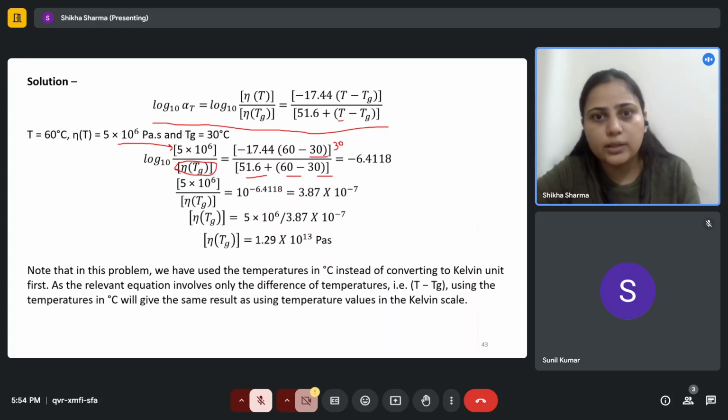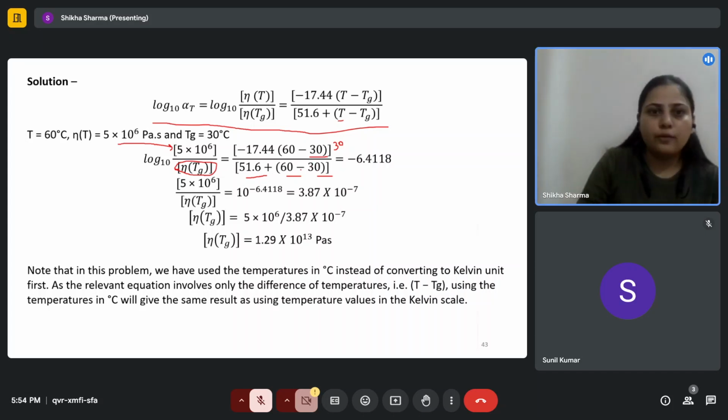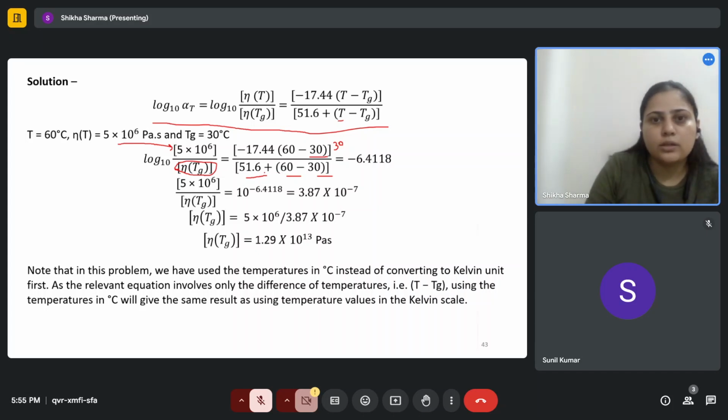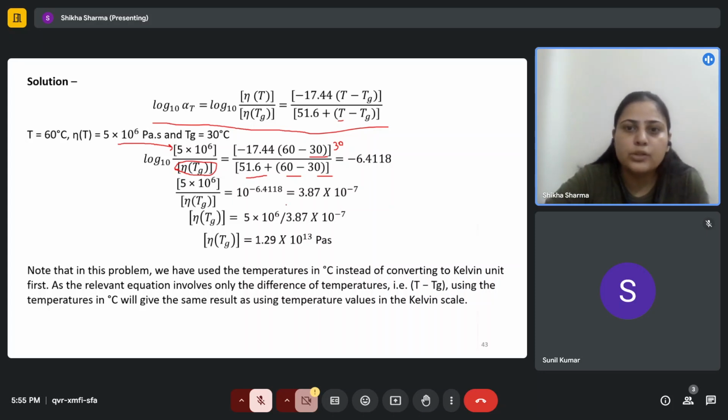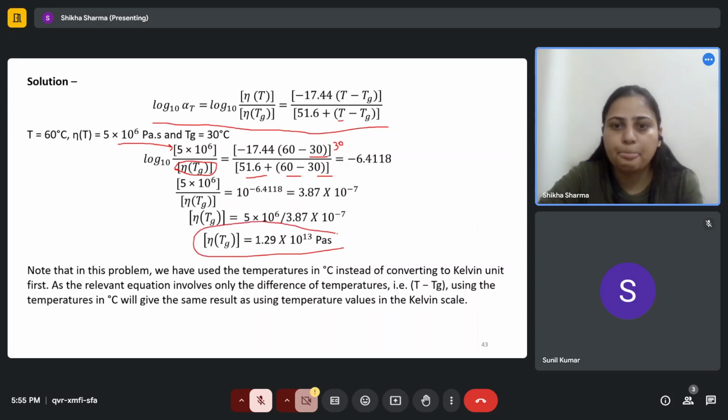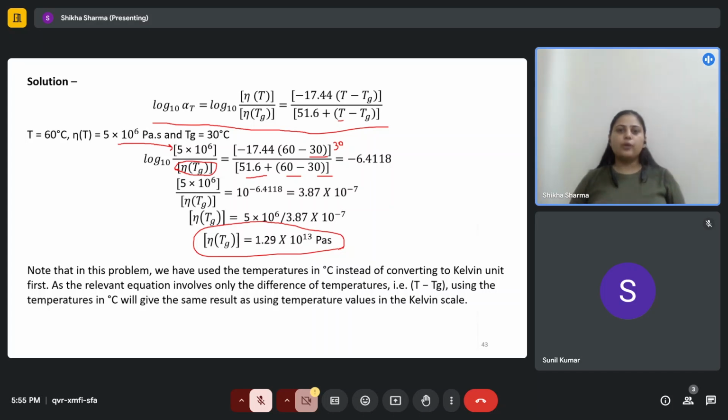So when we multiply 30 into 17.44 and divide this by 51.6 plus 30, which is 81.6, we get minus 6.4118, and when we take the log both sides and solve, we get the viscosity at glass transition temperature equal to 1.29 into 10 to the power 13 Pascal second.